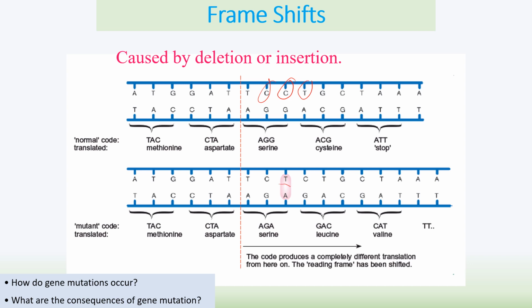So if we were grouping these up in threes, you could see the impact that this would have. Let's say that was one amino acid, that was another amino acid, that was another amino acid. By adding the extra letter, this amino acid is now changed. It is actually the same in this case. This one has changed, this one has changed. So it has a knock-on effect on the rest of the frame.